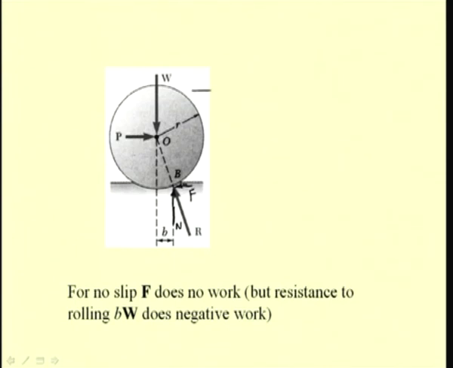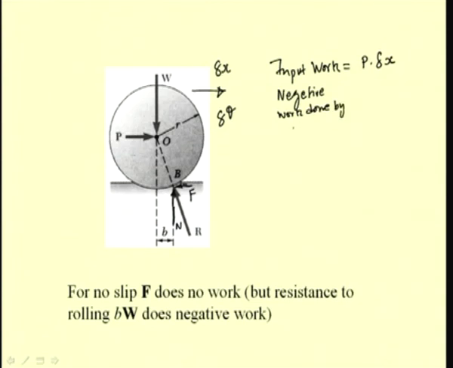So, if we again assume that this wheel moves by a virtual distance delta x, and for that virtual displacement this wheel rotates by delta theta, then the input work is equal to P delta x, and the negative work done by the rolling resistance is given by the rolling resistance B W times delta theta, which is a negative work.